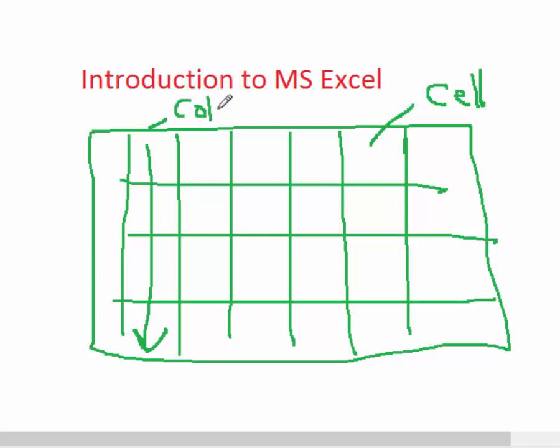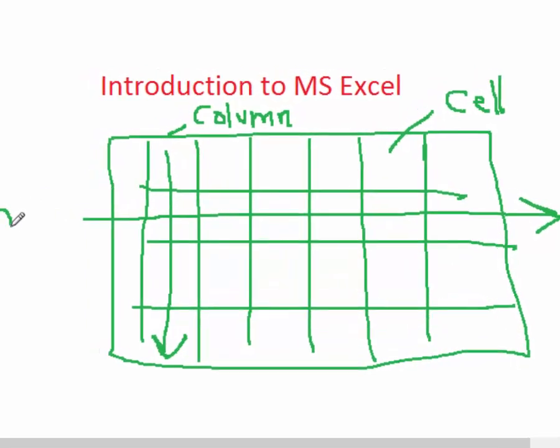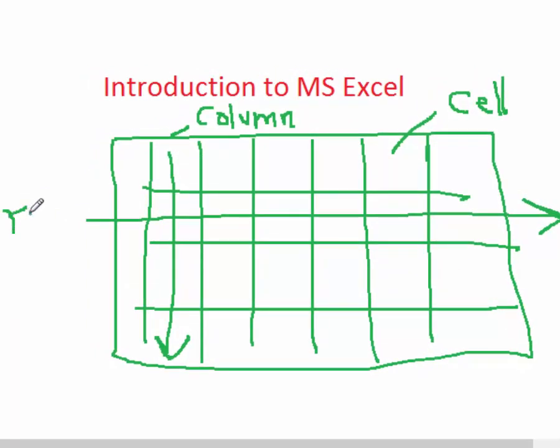A column is simply a group of cells flowing from top to bottom, and a group of boxes flowing from left to right we call row. So a row is simply a sequence of boxes or cells flowing from left to right.